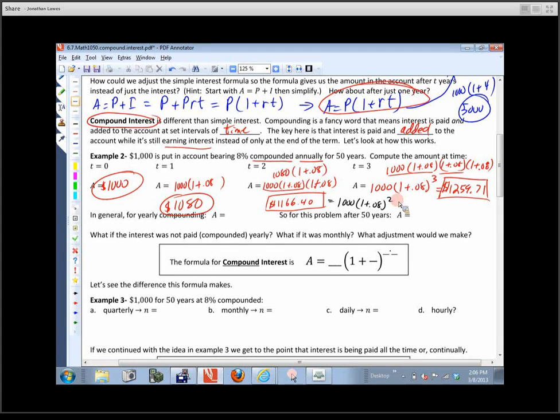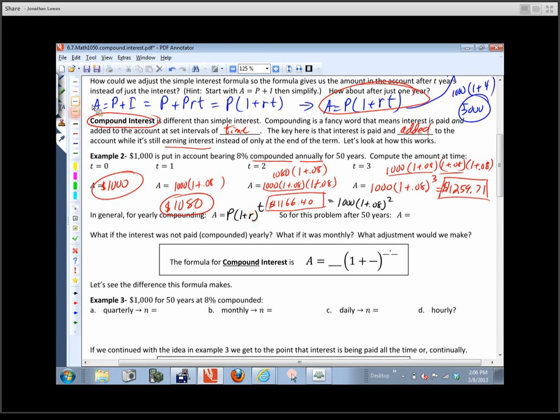It does? Okay. All right. So is everybody convinced that that formula actually works? Okay. So a formula for compounding yearly would look like this. Take the principal, do 1 plus the interest rate, and raise that to the t. We could make an exponential out of this. That's just going to be a number, and you tell me how many times it's going to pay interest, and we're all set to go.